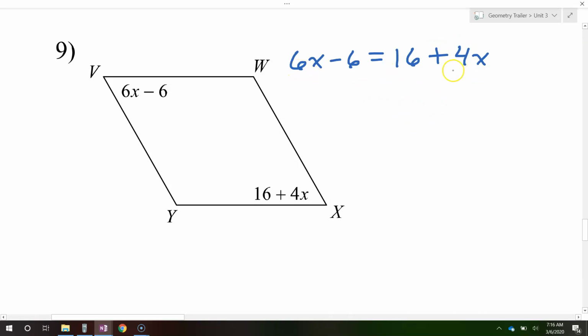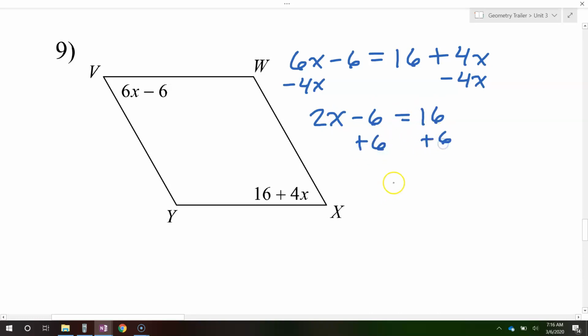So I see variables on both sides, so I need to go ahead and subtract the 4x from both sides. And that's going to leave me with 2x minus 6 is equal to 16. Then I will add 6 to both sides. So that'll give me 2x is equal to 22. And when I divide both sides by 2, I find that x is equal to 11.